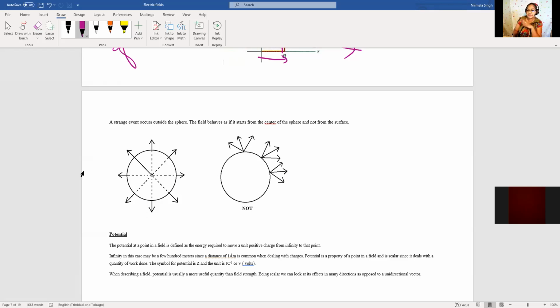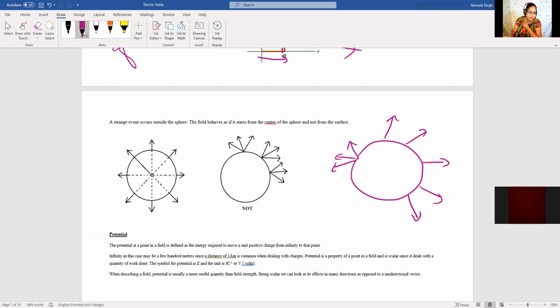We just said that if you have a charged sphere, the electric field only emanates from the surface. So I would say, why won't we have clusters of fields? That makes sense.